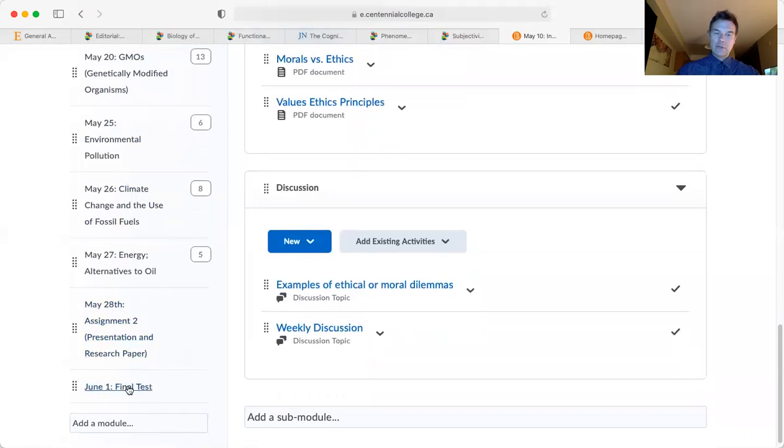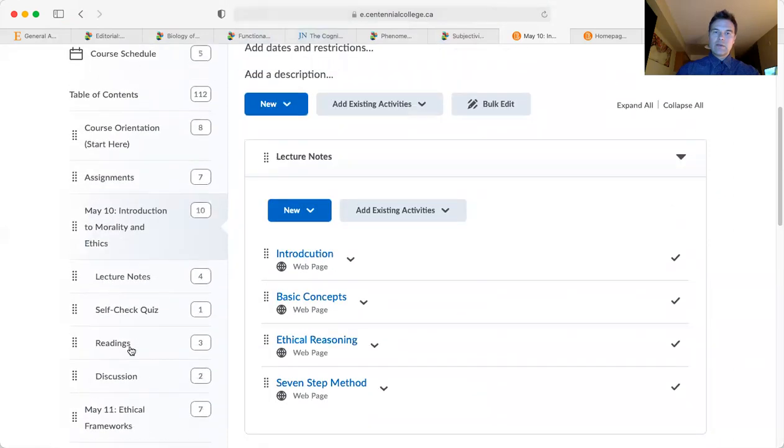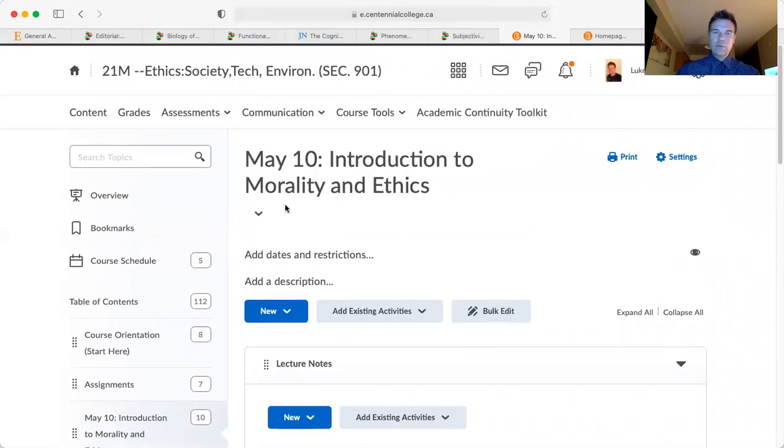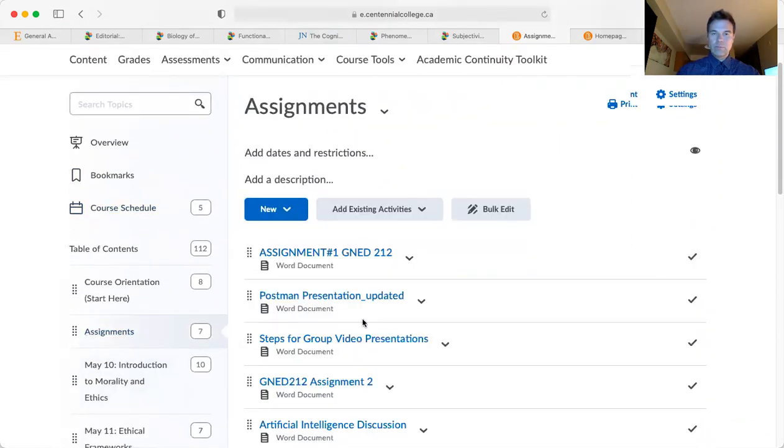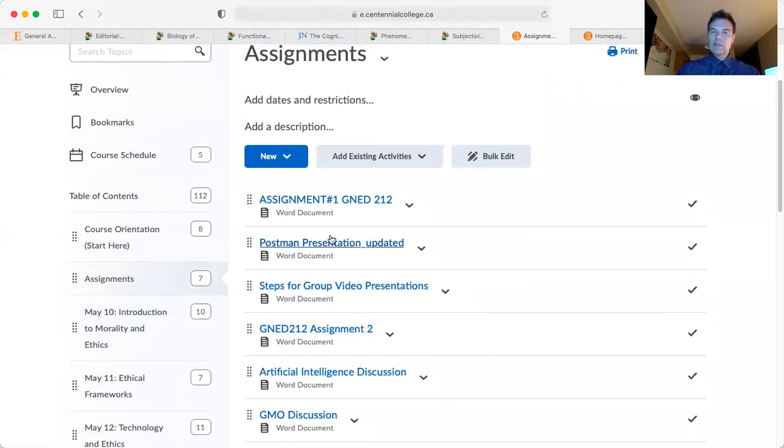And then the final test. In between, there will be other assignments. So, for example, assignment number 1, which is an individual assignment, and the online quiz that's due on the 13th, are also individual. But the Postman presentation is a group presentation, ideally of five students per group.